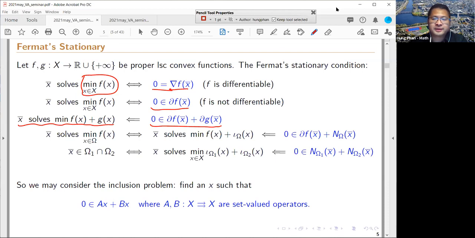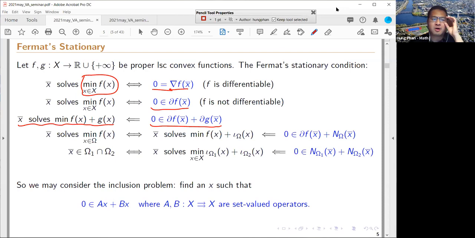We will try to find a point x bar so that 0 belongs to the subdifferential of f at x bar plus the subdifferential of g at x bar. This is a very general model which includes many other problems.